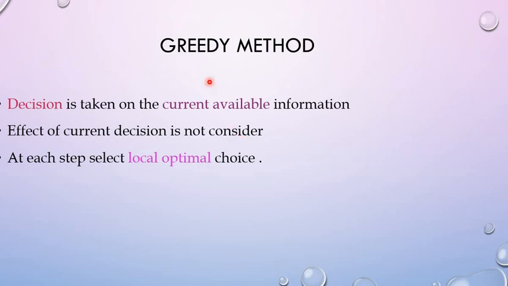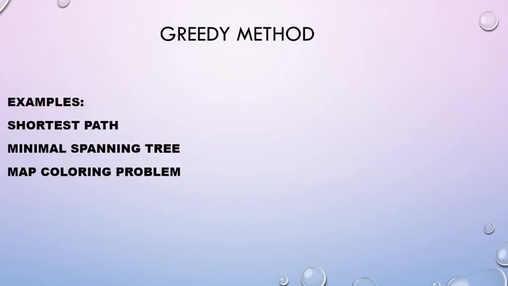But it will give an effective solution for some sorts of problems that are well known in the IT society. What are they? Shortest path. Cities are there, and we have to find the shortest path between the cities. This is one of the major important problems solved using the greedy method. Then minimum spanning tree.